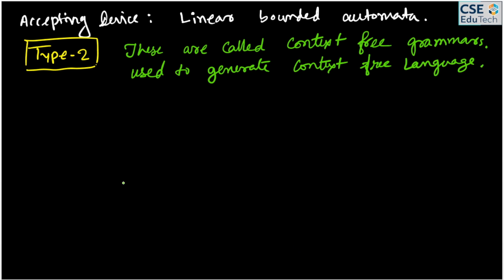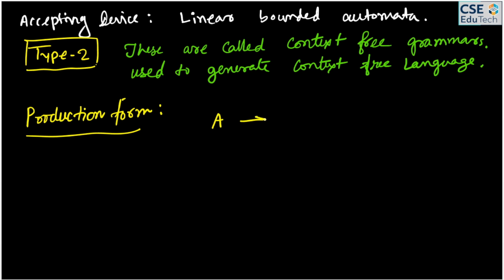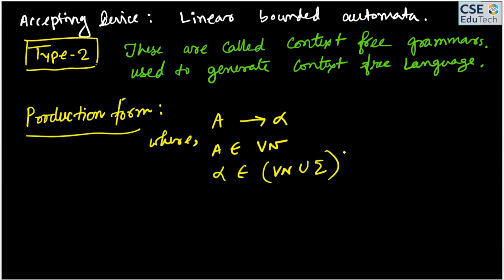Okay. And the production form is of the form A to alpha, where A belongs to Vn, meaning non-terminal, and alpha belongs to (Vn union sigma) star.